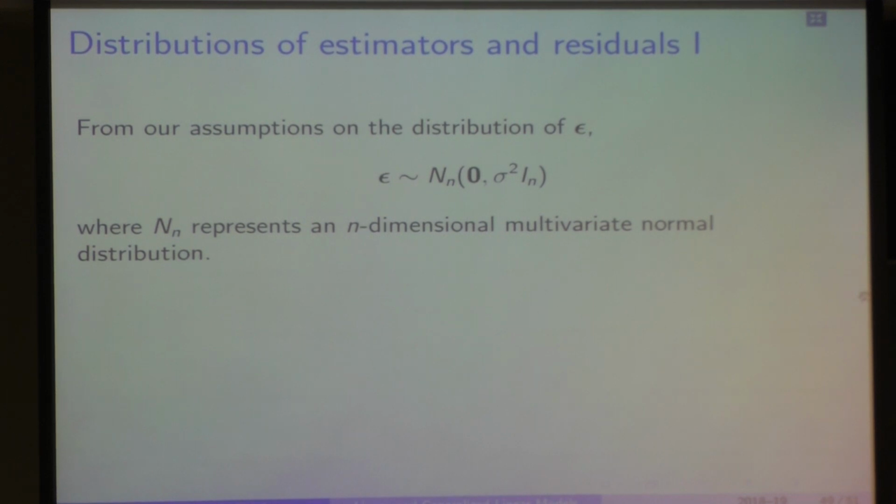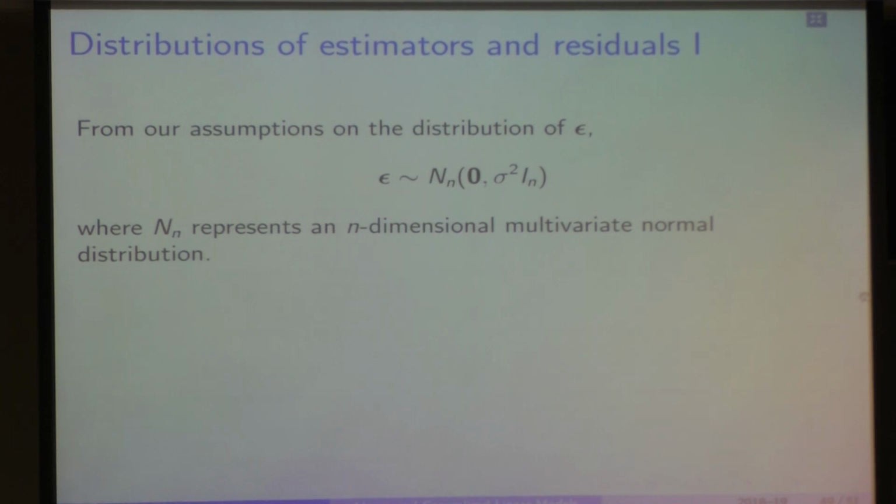Okay, so a bit more about the distributions of the estimators and the residuals. Remember that we assumed that the random part of our model, the epsilon term, has a multivariate normal distribution, mean 0, and the covariance matrix sigma squared times the n-dimensional identity matrix.